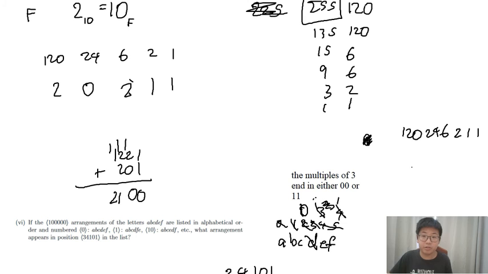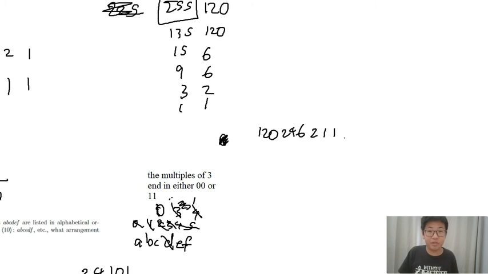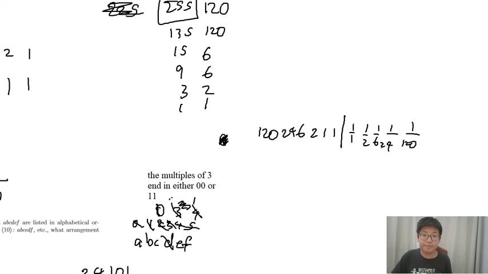And then we're going to have our decimal factorials, or factorimals, whatever you call them. And so we're going to denote them, and then you put 1 over 1, 1 over 2, 1 over 6, 1 over 24, 1 over 120. And this is great, because I don't know the expansion of pi in factorial yet, but I do know the expansion of E. And it's a very simple expansion. Get ready for this one.